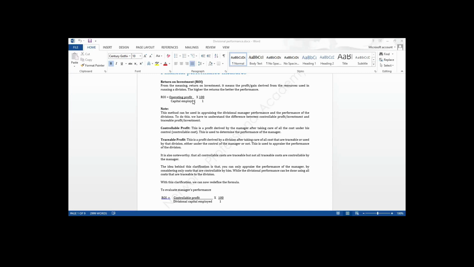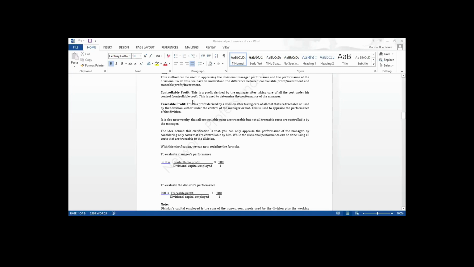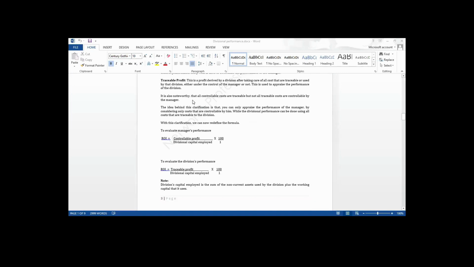It should be noted, all controllable costs are traceable, but not all traceable costs are controllable by the manager. So please note, if you are to calculate the performance of a divisional manager using return on investment, you are going to use controllable profits divided by divisional capital employed multiplied by 100.